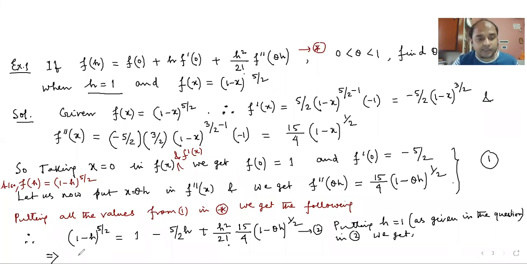Left hand side will become 0, and on the right hand side we will get 1 minus 5 by 2 plus h square by 2 factorial. So 1 by 2, that is from here, and 15 by 4 from there. So that will be 15 by 8, and 1 minus theta to the power half, because h has become 1. So I hope you have written up to this particular point.